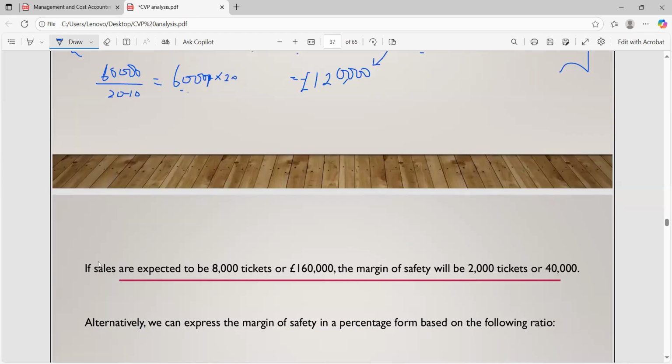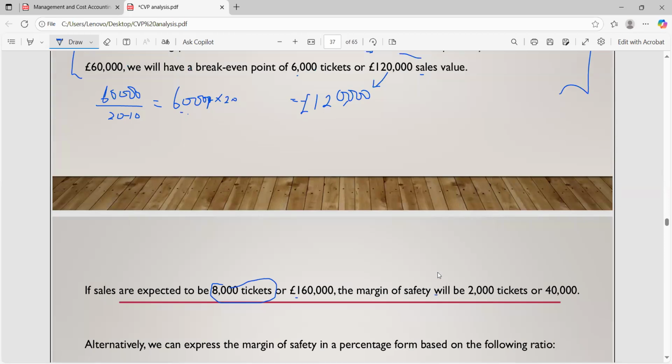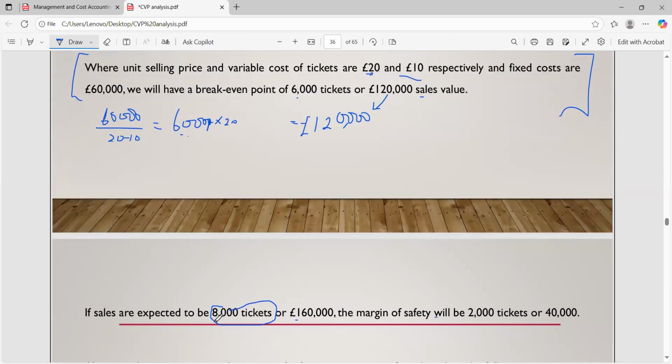Now let's follow up. It says if sales are expected to be 8,000 tickets, or 160,000 pounds, the margin of safety will be. So you see, they didn't say percentage of margin of safety. The margin of safety is the budgeted or expected minus the break-even. The break-even is 6,000.